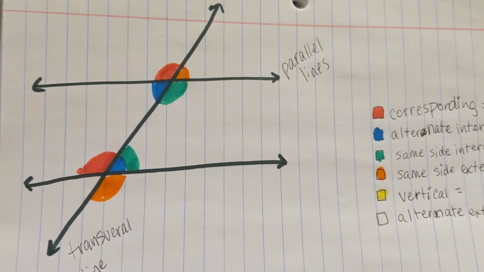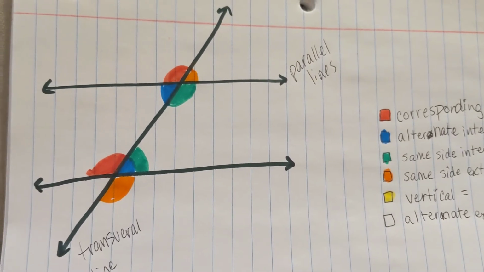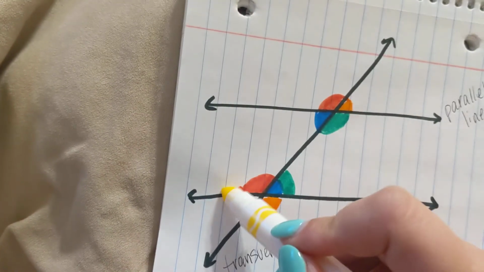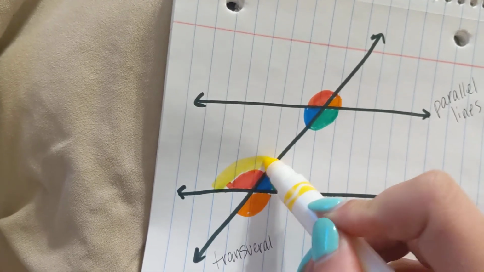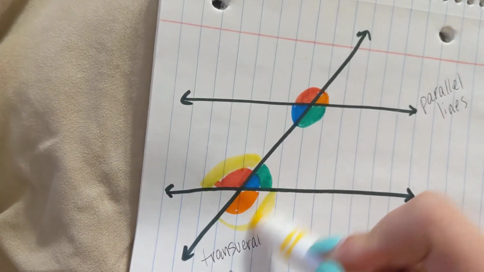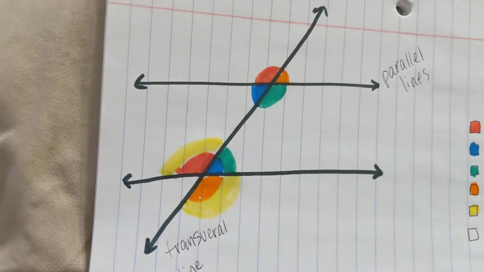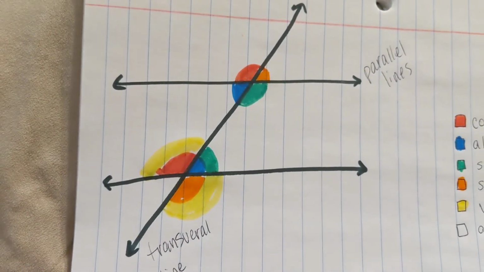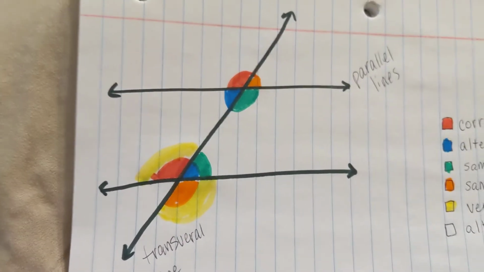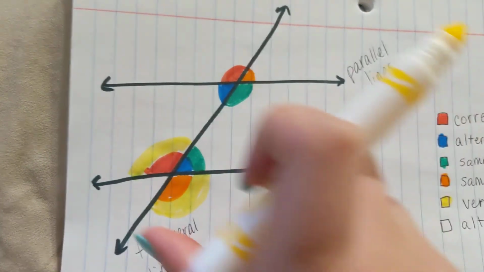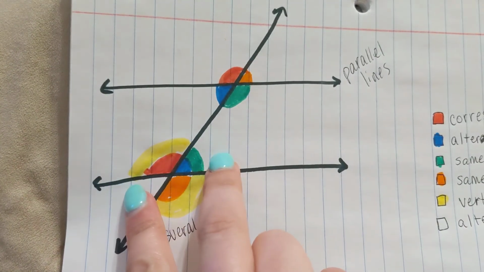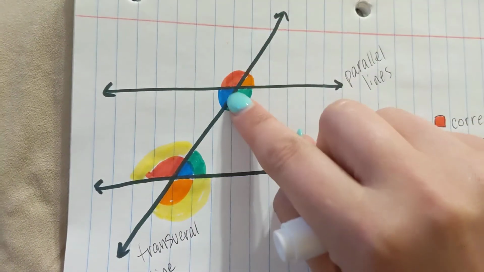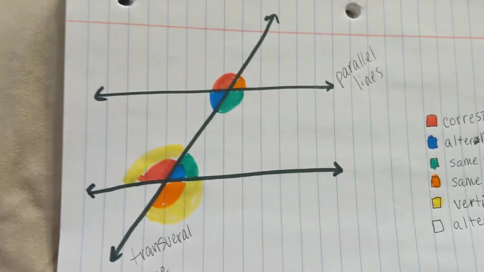So if I want to look at a vertical angle, let's say, for example, I use this one and this one. So it's okay for an angle to be more than one thing. So these two would be vertical to each other. These two right here are vertical to each other. These two are vertical, and these two are vertical. And you can tell because the points are touching.